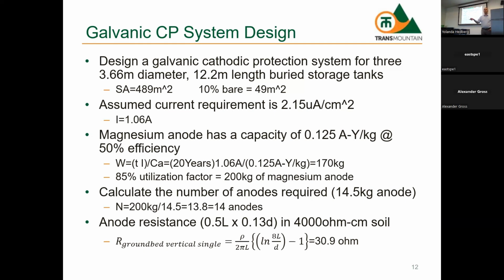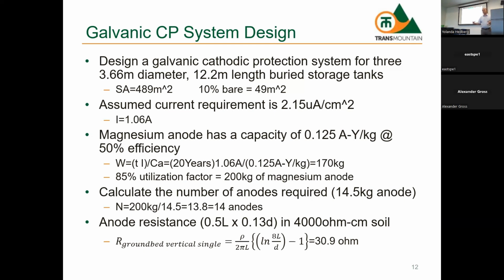It's an iterative process. So now we use Dwight's equation to figure out the resistance of one anode in the soil environment. We have the soil resistivity, which is the inverse of conductivity of the soil that the anode is placed in. In this case, we're using 4,000 ohm-centimeters.